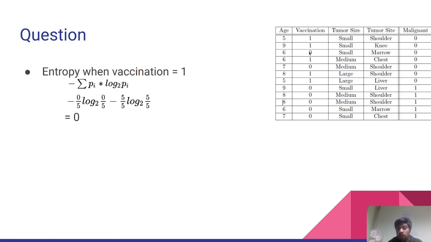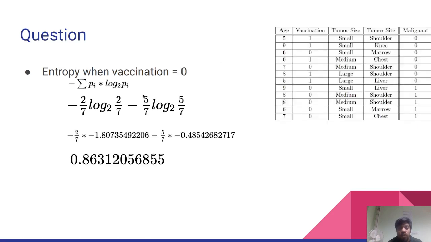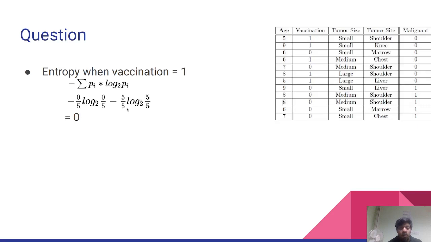Whenever we are having 1 here, how many of them are having output 1? None of them, right? 0 by 5, 0 by 5. And how many of them are having output of 0 whenever we are having 1 here? That is 5 by 5, right? So whenever we are having 1, in all the cases we are having 0 here.